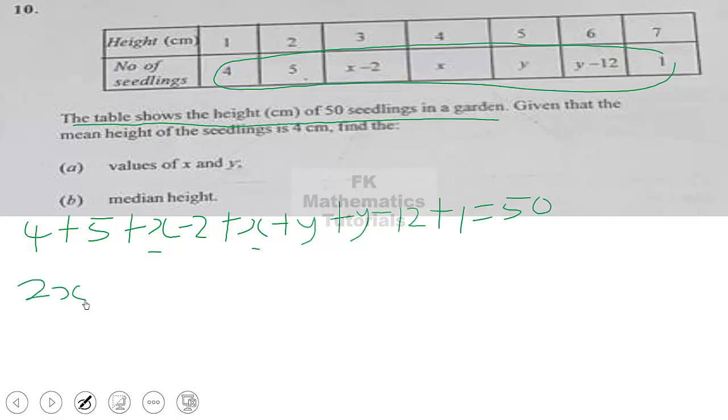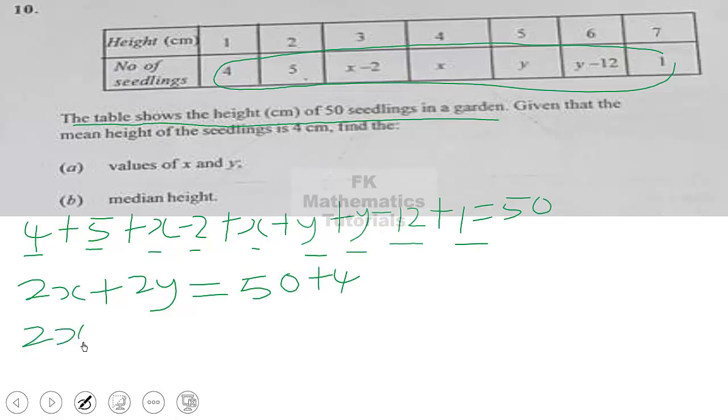Then y plus y is 2y. Then 4 plus 5 is 9, minus 2 is 7, minus 12 is negative 5, plus 1 is negative 4. So it will be 50 plus 4 when we send it to the other side.